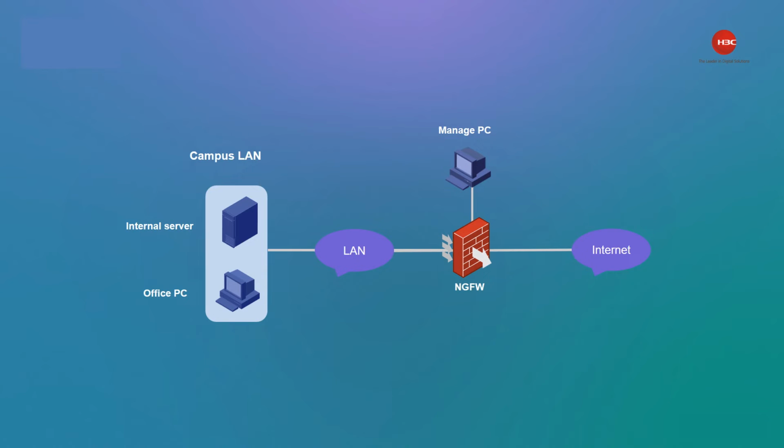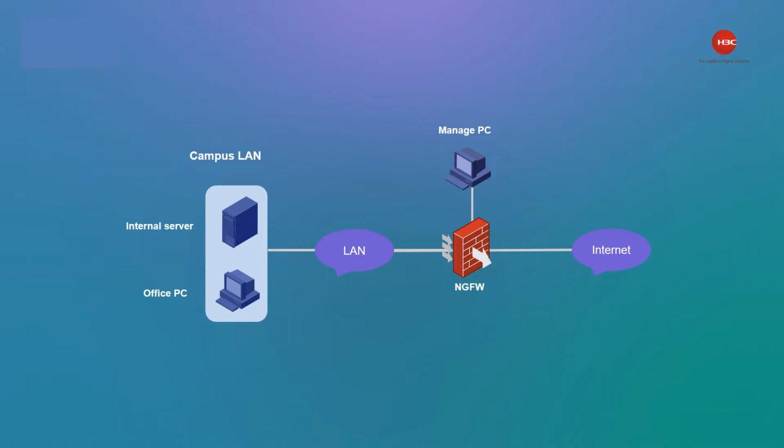First of all, I would like to introduce the technical background of the firewall IPS function. The Comware V7 firewall supports the detection of the application layer. IPS, intrusion prevention system, is a kind of security technology which can detect and defend against attacks at the application layer.